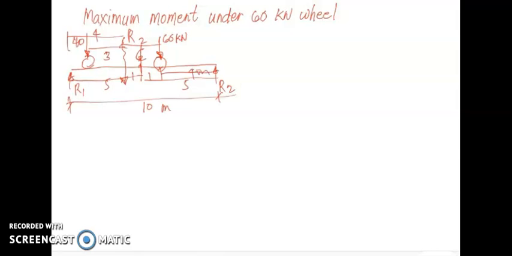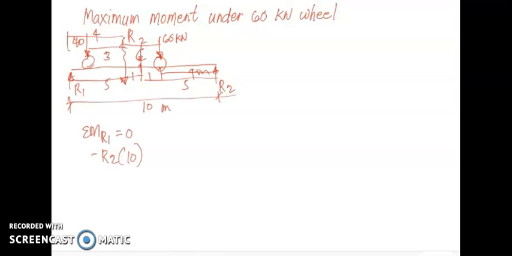Now, for the maximum moment under the 60 kilonewton wheel, let us have summation of moments at R sub 1 equal to 0. So we will have in a counterclockwise direction, negative R sub 2 times 10. Then we have our resultant in a clockwise direction.